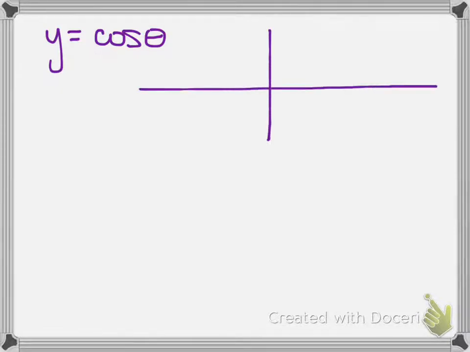So then the next thing that I did before I jumped into questions 6 and 8 with the class is I asked them to recall this graph, back from Algebra 2. And so we just did a real quick sketch of it. Your cosine graph looks like this, of course.